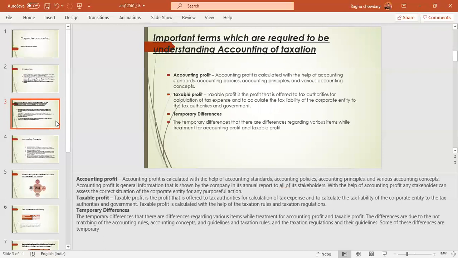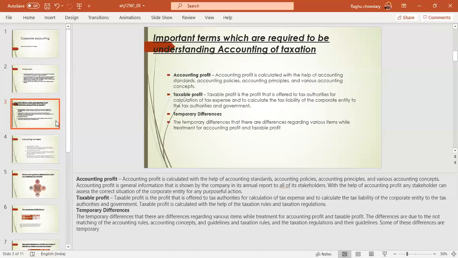And moreover, taxable profit is the amount of profit that can be paid to the tax authorities after deducting the tax expense and the tax liabilities of a corporate entity. And coming to the temporary differences, these differences arise from recording the various items while treating the accounting profit and taxable profit.